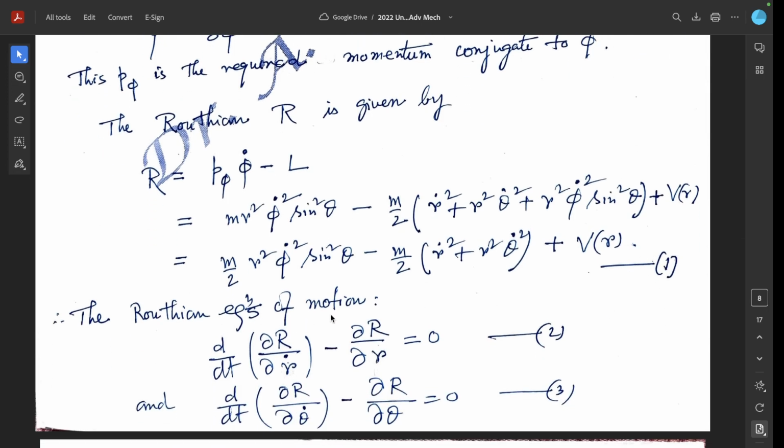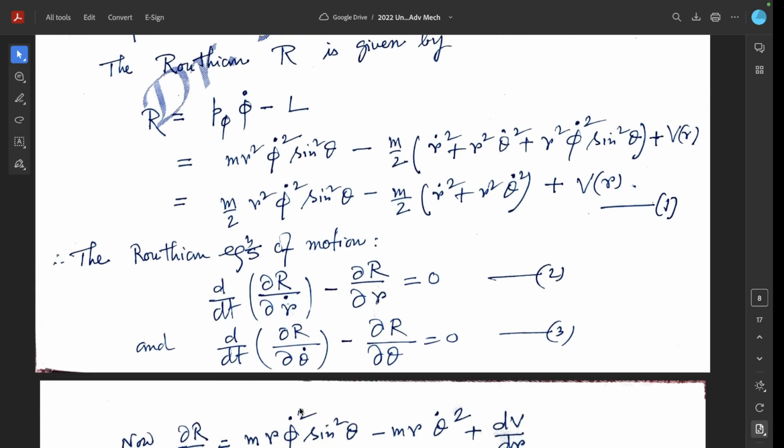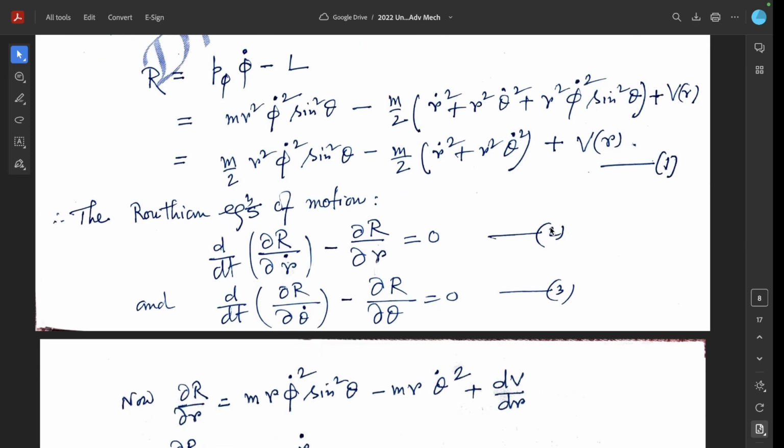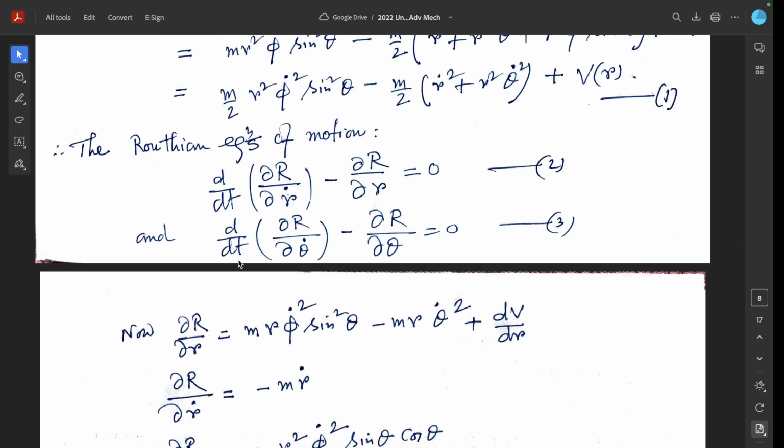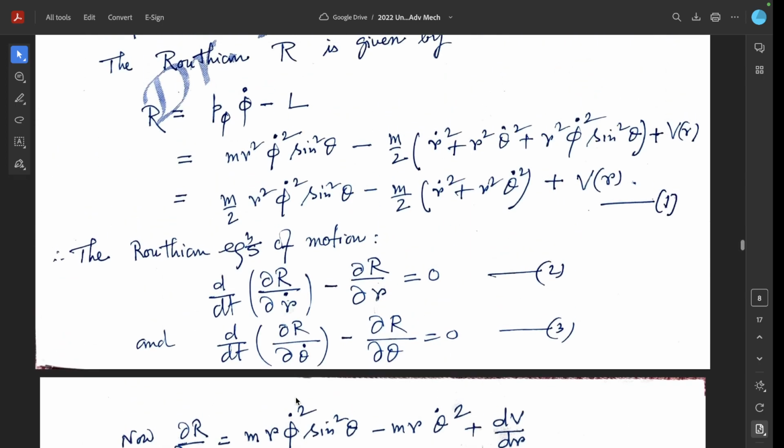The Routhian equations of motion for r and theta, the non-cyclic coordinates, are d/dt of del R by del r dot minus del R by del r equal to 0, and d/dt of del R by del theta dot minus del R by del theta equal to 0, equations 2 and 3. Now, del R by del r equals this, and del R by del r dot equals this, because R equals expression 1.